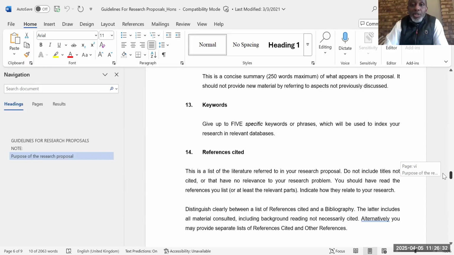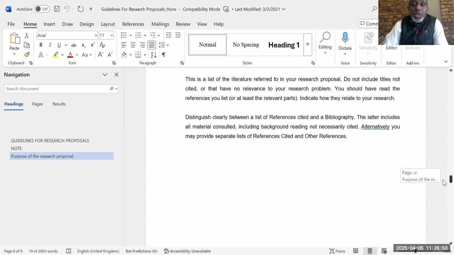And your references, obviously. Your references must be listed in your proposal. You need to follow the different referencing styles, Harvard, Vancouver, whichever the requirement is, as each template or each institution has its own.